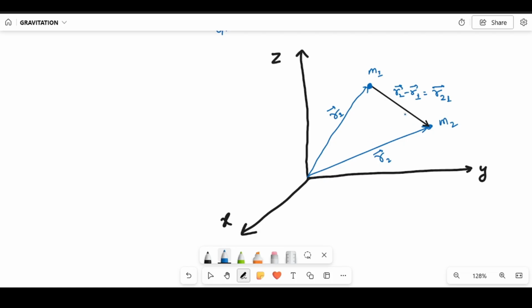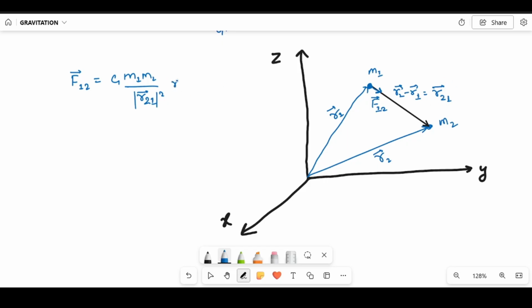Okay, so if we want to know what is the gravitational force on body 1 due to body 2, let's say this is force on body 1 due to body 2. This gravitational force can be given as F12 equals G m1 into m2 by r21 square, and the direction of this force is along r21.